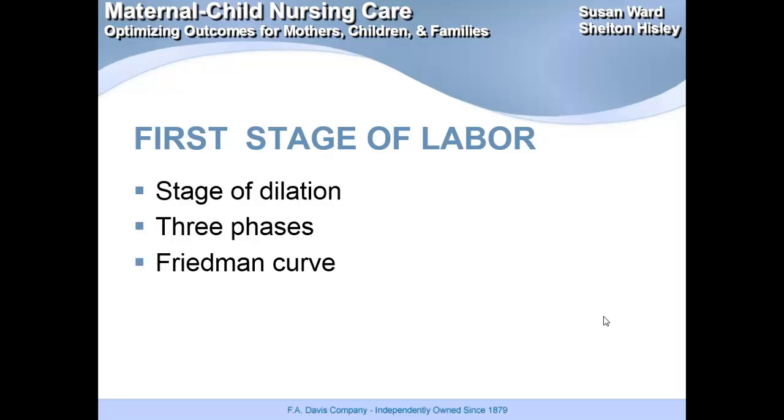Then they'll head into the active phase. This is where they're 4 to 7 centimeters, but the contractions are more frequent. They're now going every 3 to 5 minutes, and they last longer.